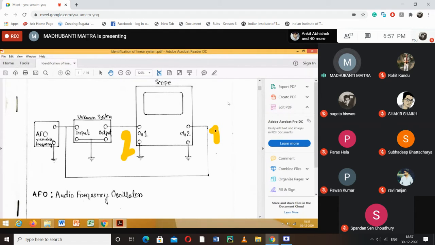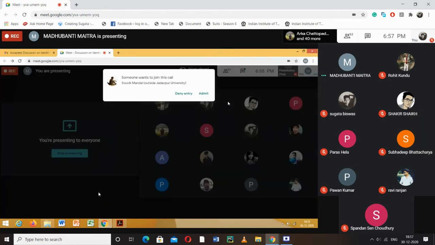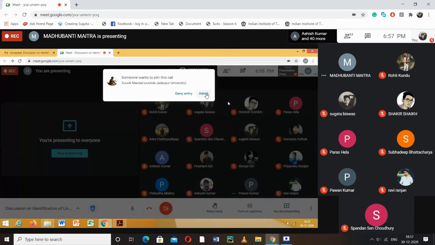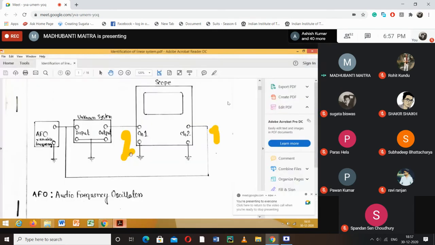I have tried to write 1 over here and 2 over here. So please note that the circuit diagram given in the instruction sheet is the correct one.